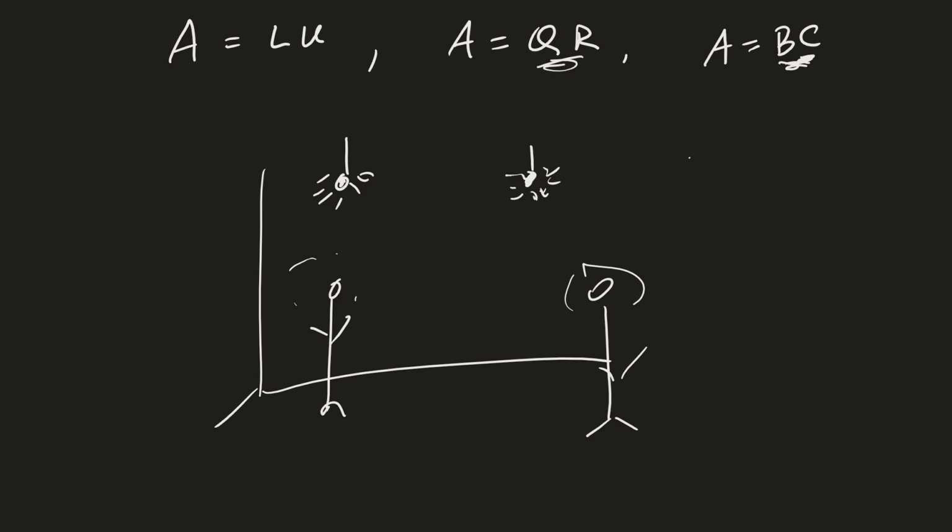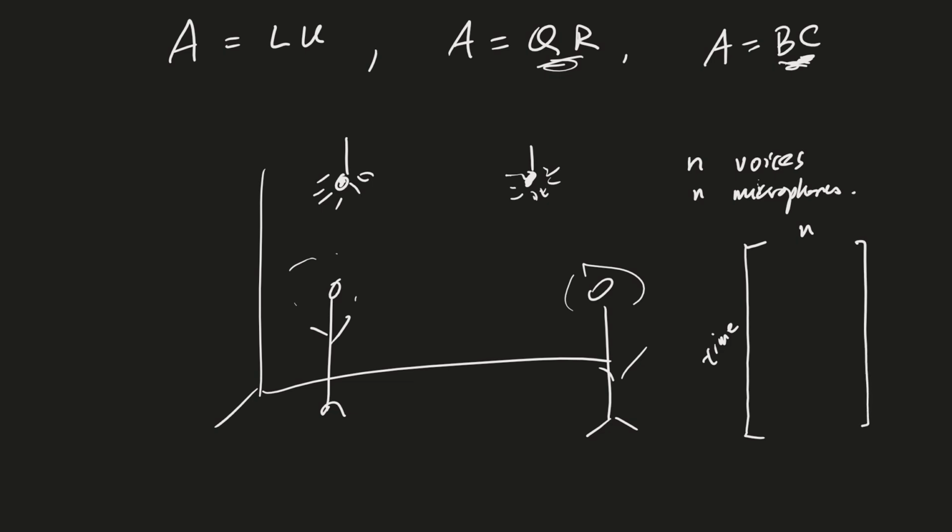So suppose you have n voices with n microphones, then the signal that you're going to get is going to be a matrix that has time running down here and n signals here.